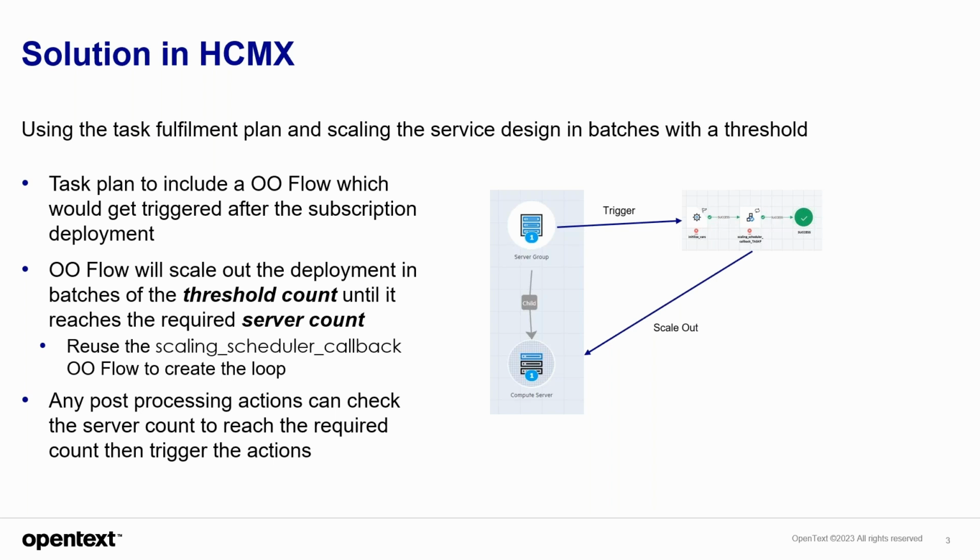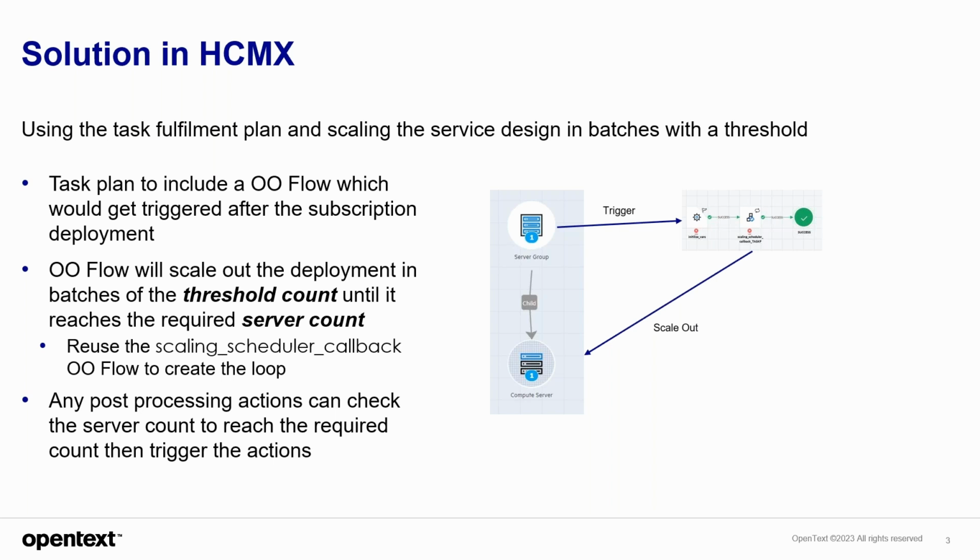The only thing is if you want to do any post-processing actions. For example, let's say you want to send an email notification about all these 100 servers, or notify the end user that all the servers are provisioned. You can do that in the post-processing action on the server group, where you can check if the desired count has been reached, and based on that, trigger those email notifications.